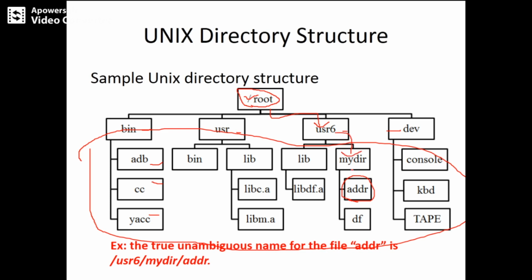In my directory I get ADDR. So you will have slash user 6 slash my directory and then the ADDR address file. This is how you can get the address file. This is a sample Unix directory structure. You will have lots of other files in this.